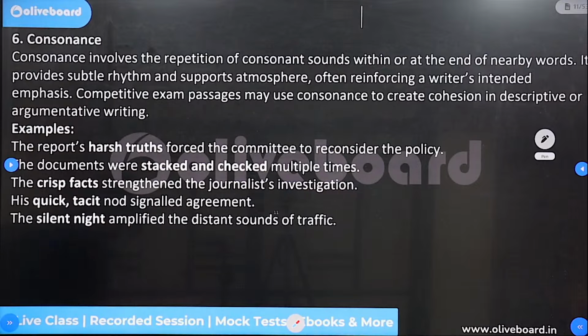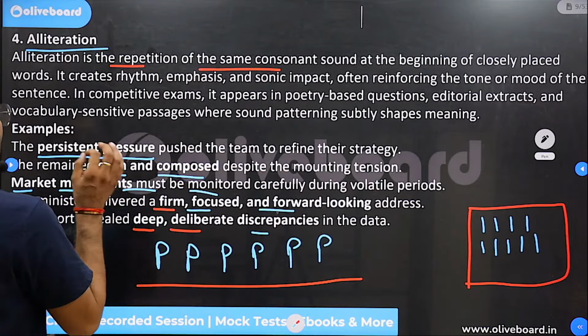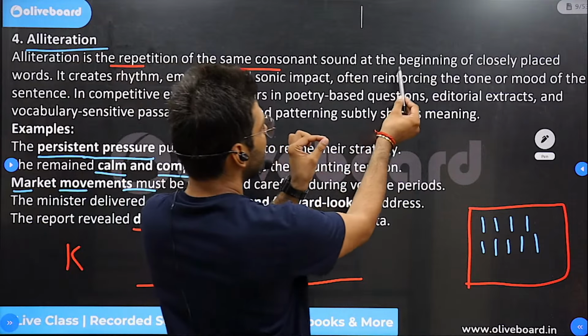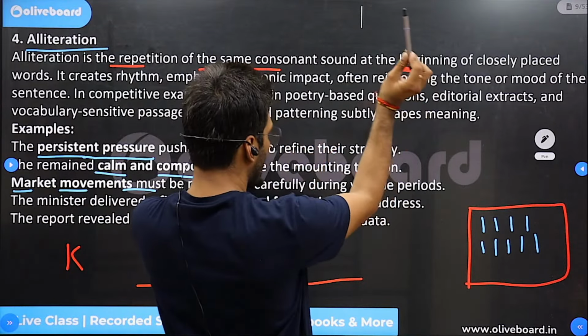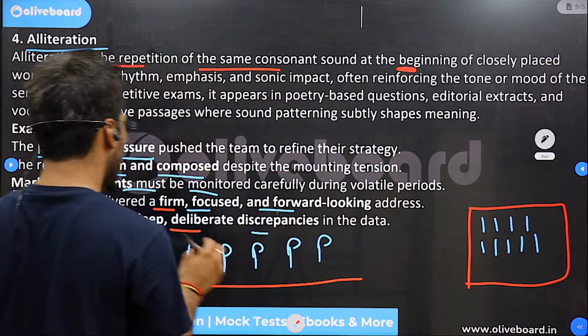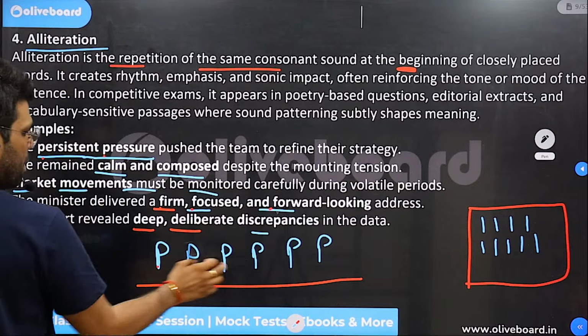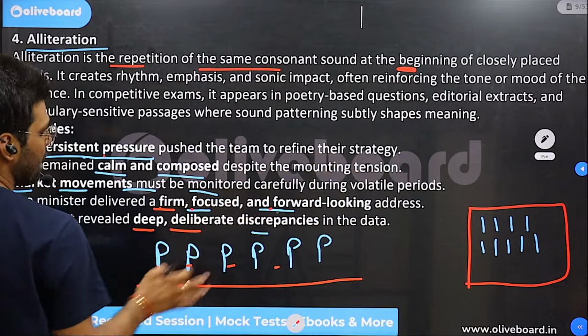Did you get this? Great, Mohini. Great presence of mind. I repeat. Alliteration had the same consonant at the beginning of closely placed words. So F, F, F in the beginning. P, P, P, N, N, N, and such.